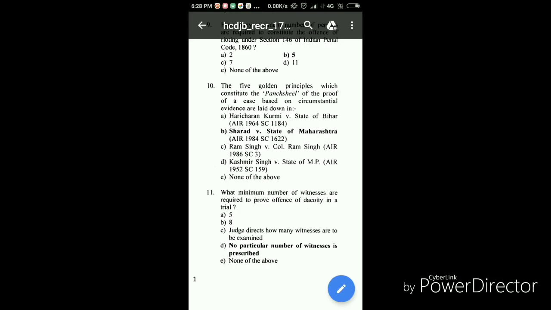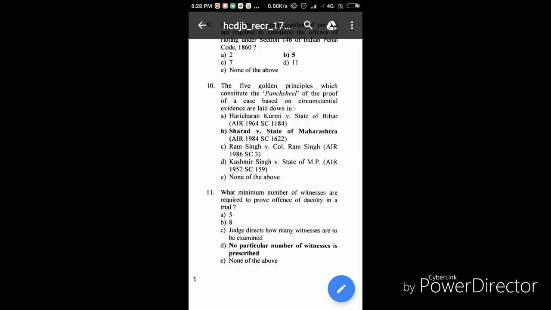And number fifth: there must be a chain of evidence so complete as not to leave any reasonable ground for a conclusion consistent with the innocence of the accused, and it must show that in all human probability the act must have been done by the accused.